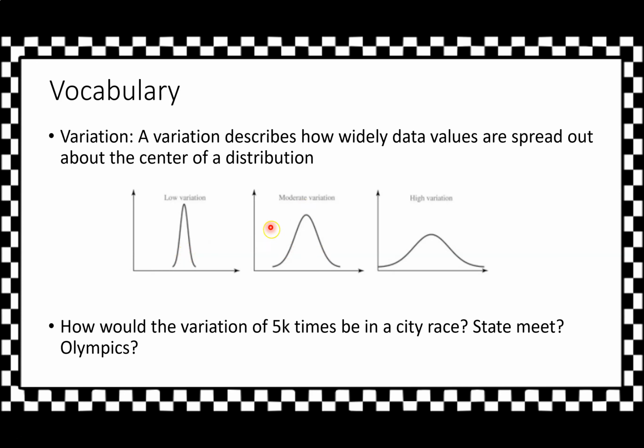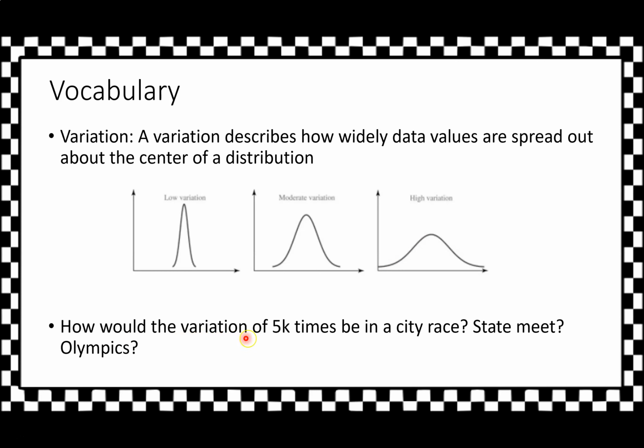Moderate variation might be the state meet, where there's some super fast runners, but most people, because they qualified for state, are around here. High variation might be something like a city run meet, where you've got people from college who are running really fast, and then maybe Miss Sorensen, who is running with her cats, has got a really bad time. So there's a huge difference in people's times or scores.